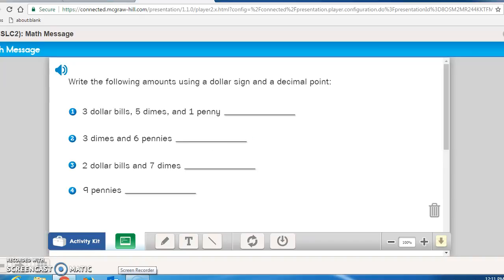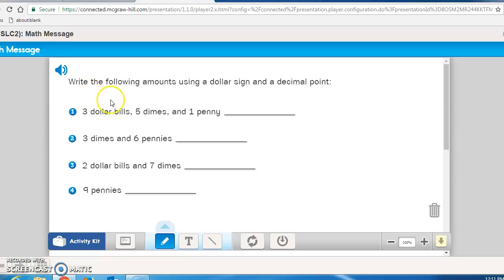Exploring tenths with base 10 blocks. Write the following amounts using a dollar sign and a decimal point. So let's take a look at this. It says $3 bills, 5 dimes, and 1 penny. So how much total would we have if we had $3 bills?